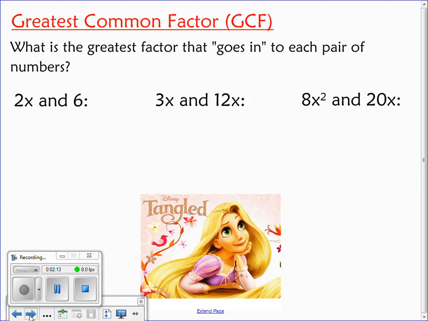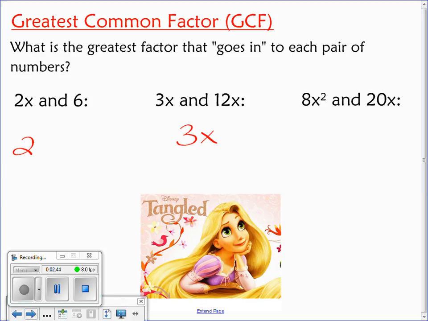So if I'm looking here, one of them's 2x, one of them's 6. What's the number that goes into 2 and 6? 2. Do they both have an x that I can take from them? No, so I can't take it. So that is not part of my GCF. I have to be fair and take it from everything the same. So in this one, the GCF is just 2. What about 3x and 12x? 3x. 3 is the number that goes into both, and they both have an x, so I can actually take it that time.